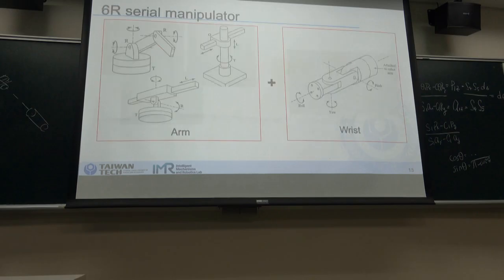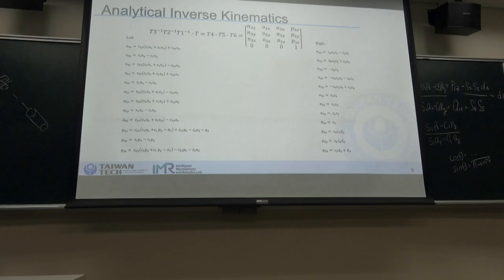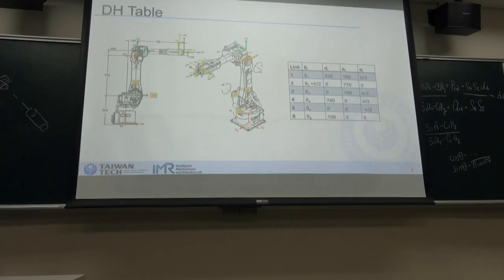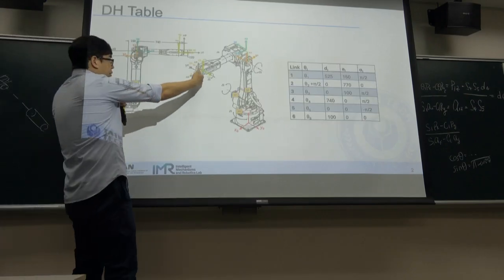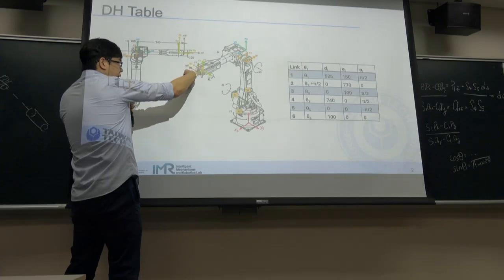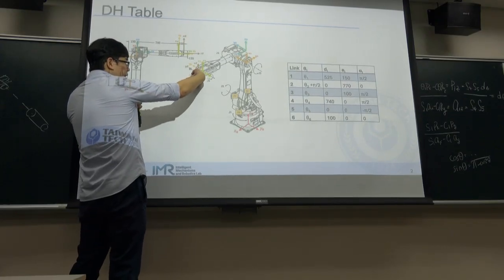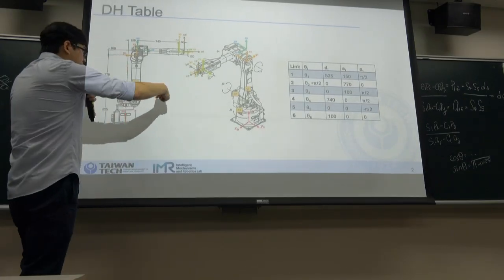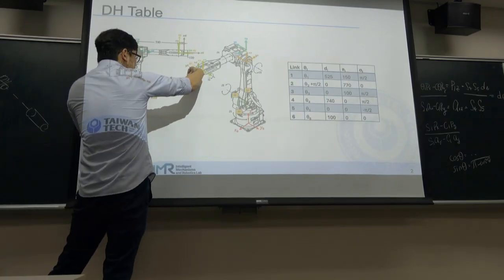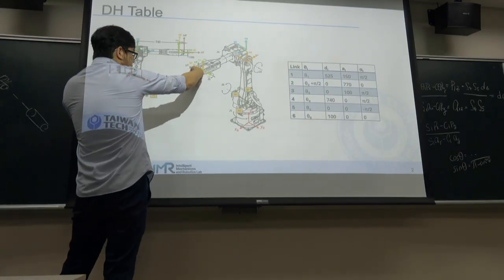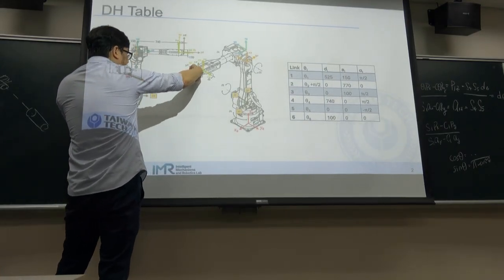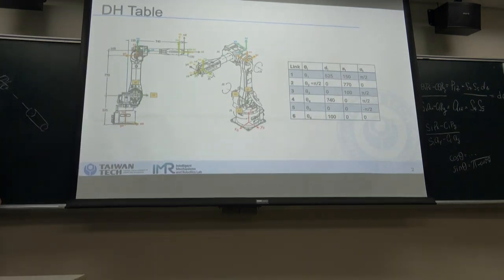Now we need to refer to our frames, which we set earlier. Our Z6 is in this direction. Your joint directions, toward the approach vector direction, the Z is always pointing in the same direction as this.